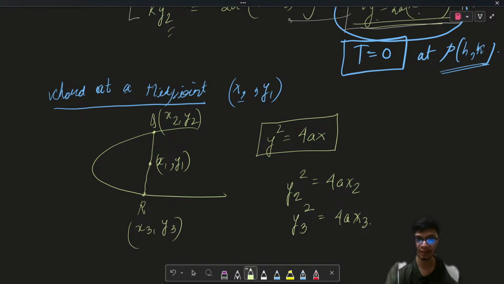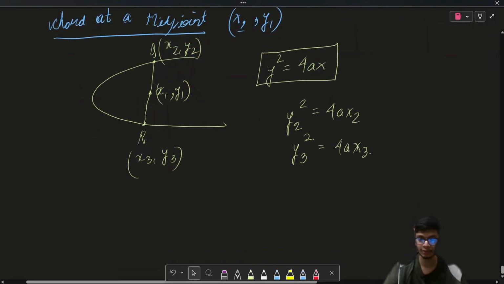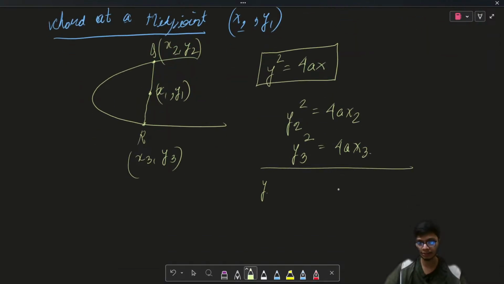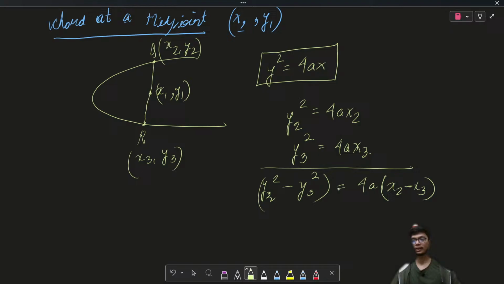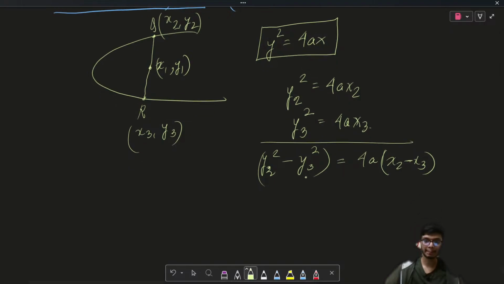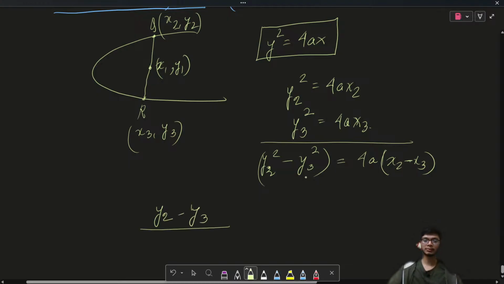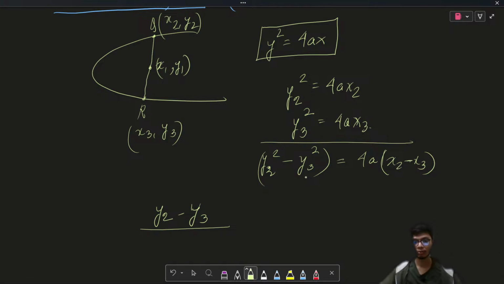Now if I subtract these two equations, y2 square minus y3 square is equal to 4a times x2 minus x3. Applying some algebra, y2 square minus y3 square can be written as y2 minus y3 into y2 plus y3.